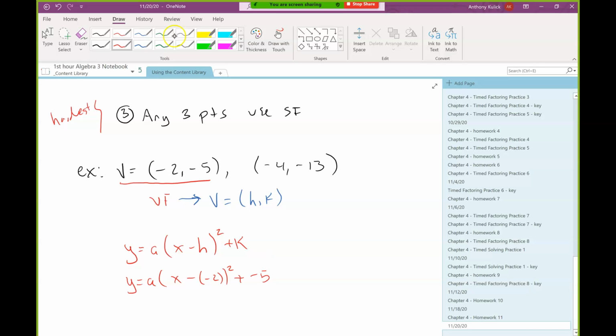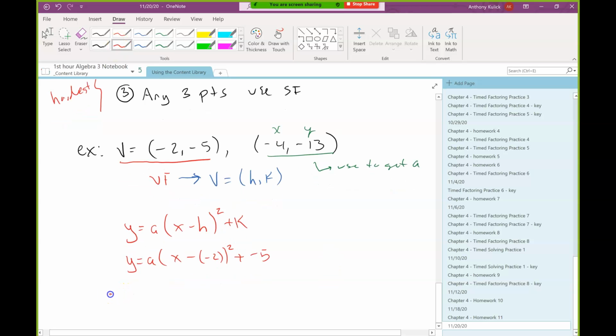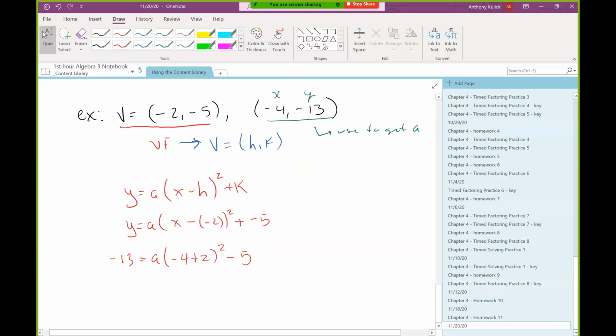So to find A, we're going to use this other point, because what this other point is, it's an X and it's a Y. So I can plug -13 in for Y and -4 into X. And now I can just solve for A. So -4 plus 2 is -2, and -2 squared is +4.